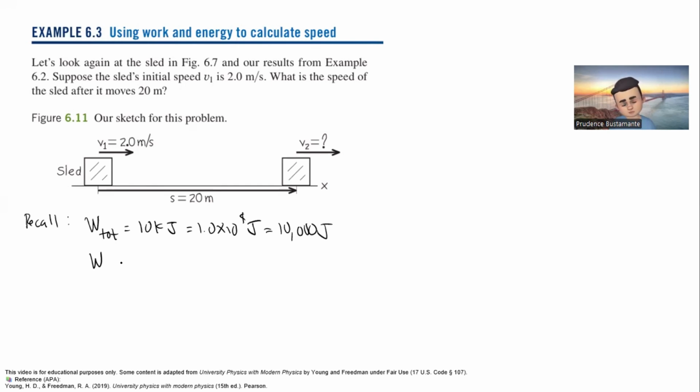The weight is equal to 14,700 Newton. Therefore, the mass of this is equal to the weight over g, which is 14,700 over 9.8 meters per second squared.